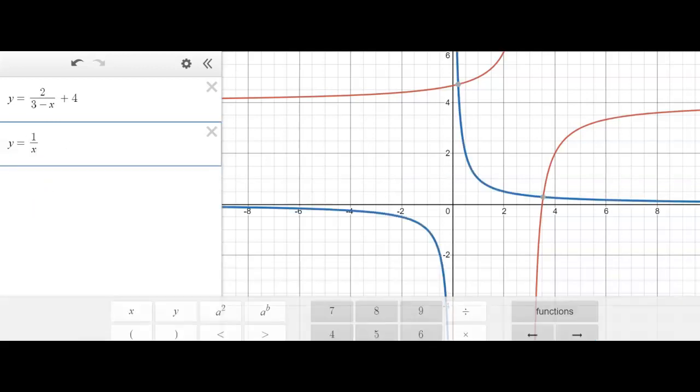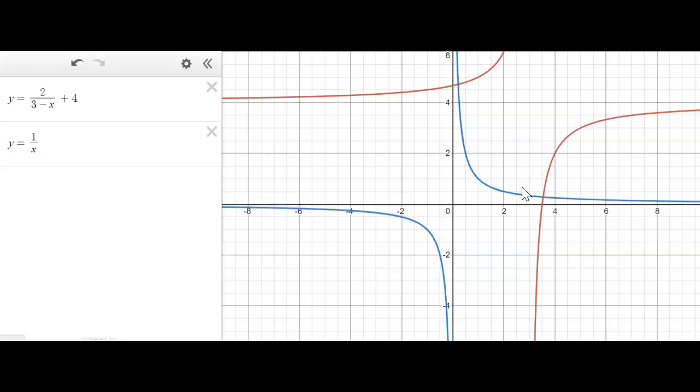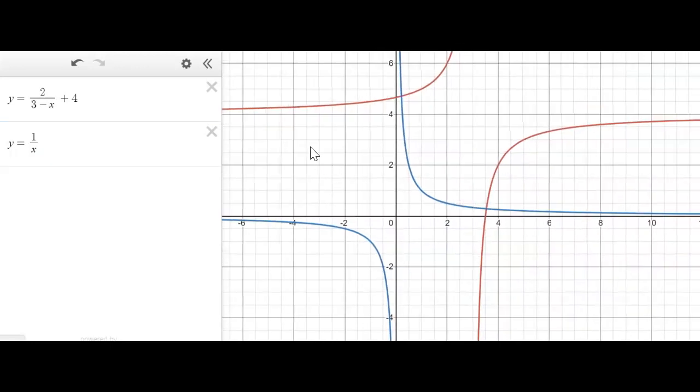And we'll get rid of that keyboard. We don't really need you blocking our view. Okay, so we said it had been shifted down 4. And then it needed to shift to the left 3. And it's also been reflected.